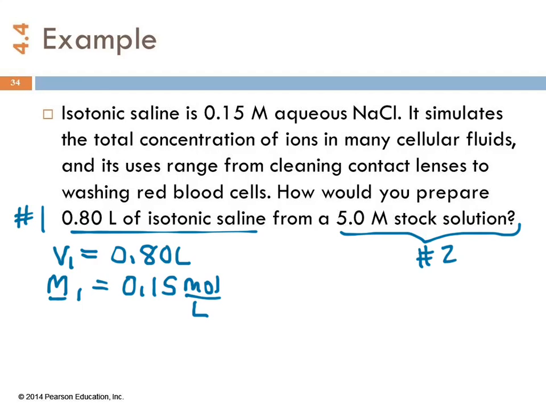What do we know about the stock solution? We know its concentration, right? So this is capital M with a subscript 2, and this is 5.0 moles per liter. They're asking, how would you prepare this isotonic solution?